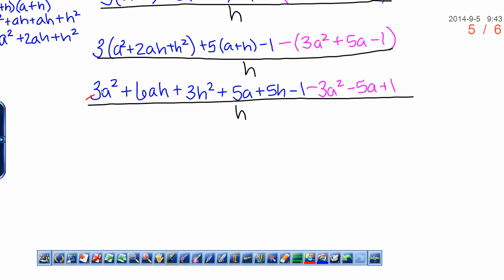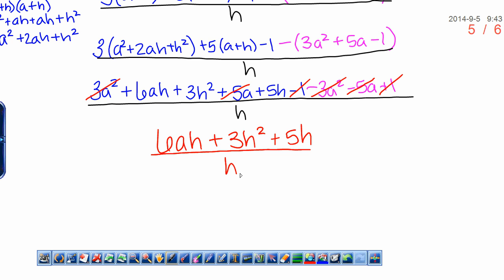So 3a squared cancels with negative 3a squared. 5a cancels with negative 5a. Negative 1 cancels with positive 1. So we are left with 6ah plus 3h squared plus 5h, all over h.